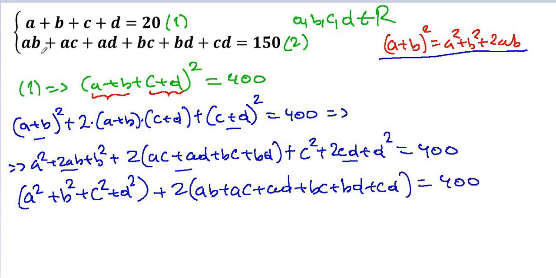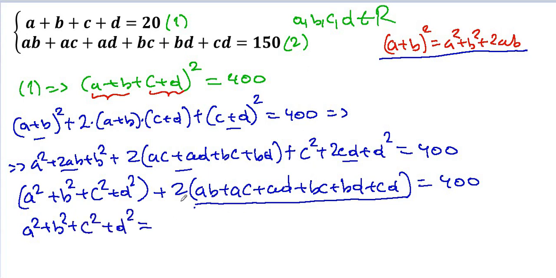Now we can clearly see that ab + ac + ad + bc + bd + cd is equal to 150. So if I substitute 150 into this expression, I get a^2 + b^2 + c^2 + d^2 = 400 minus 2 times 150, which is 300, so moving 300 to the right-hand side, I get 100.